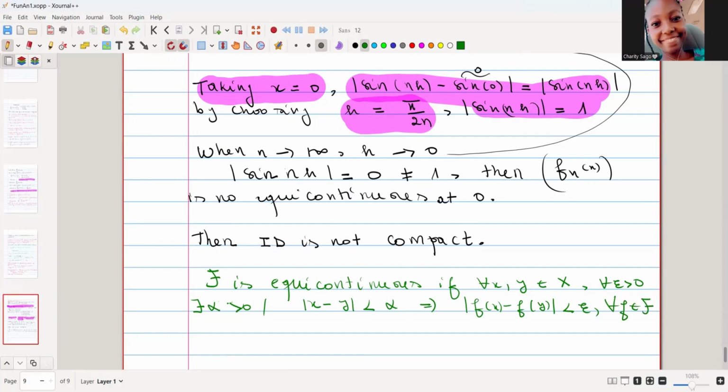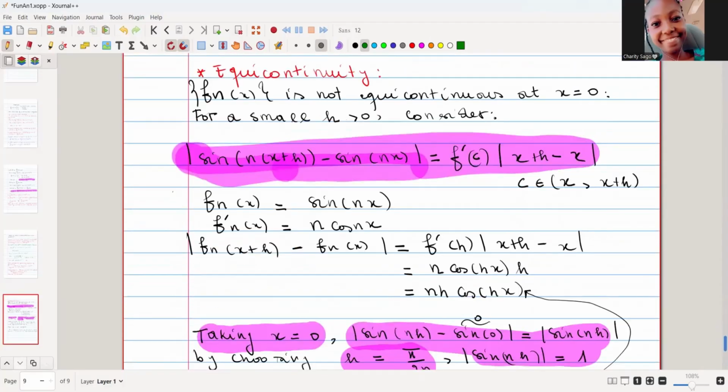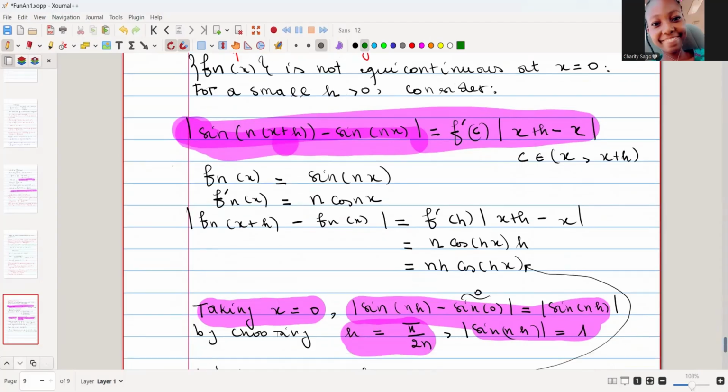That's the definition of equicontinuity. But in our case, it's not satisfied. So you just have to try to understand how equicontinuity works.